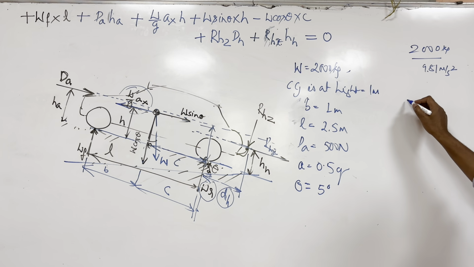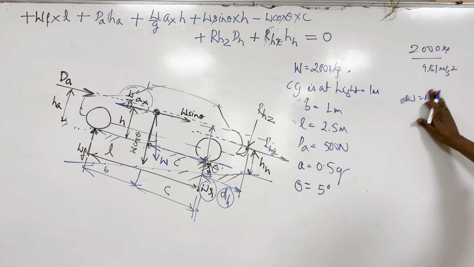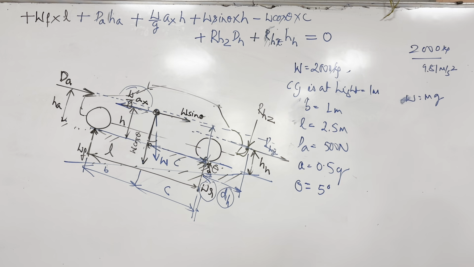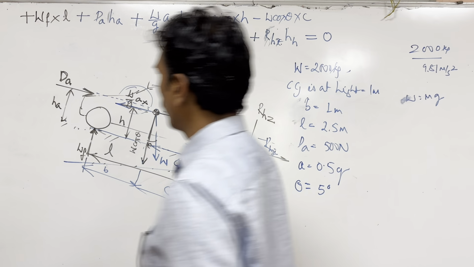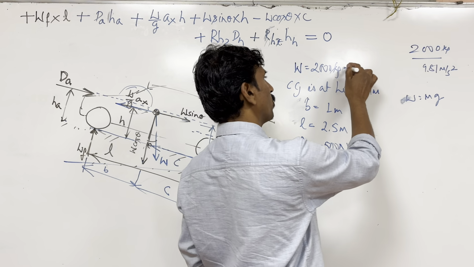You know that weight is nothing but mg, so you can find m, which is W by g. Everything you try to convert into newtons. The force, the weight, you convert into newtons and then try to solve the problem.